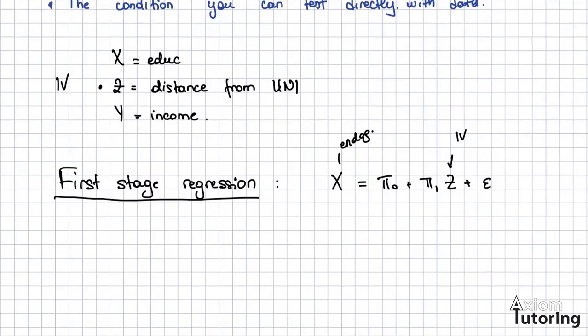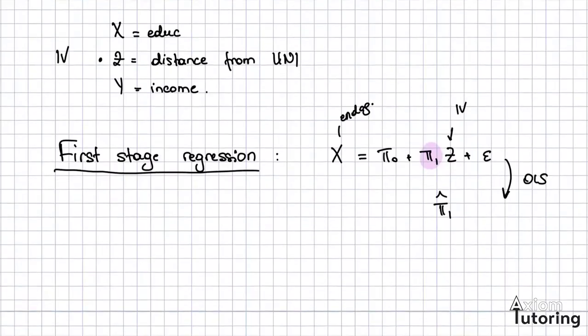But what are we looking for in this first stage regression? We're looking at this coefficient pi 1. Through an OLS, we are going to estimate pi 1 hat, okay? And what we're doing is basically a test on whether this pi 1 is actually 0 or not. If pi 1 is 0, it means that z is not moving x.